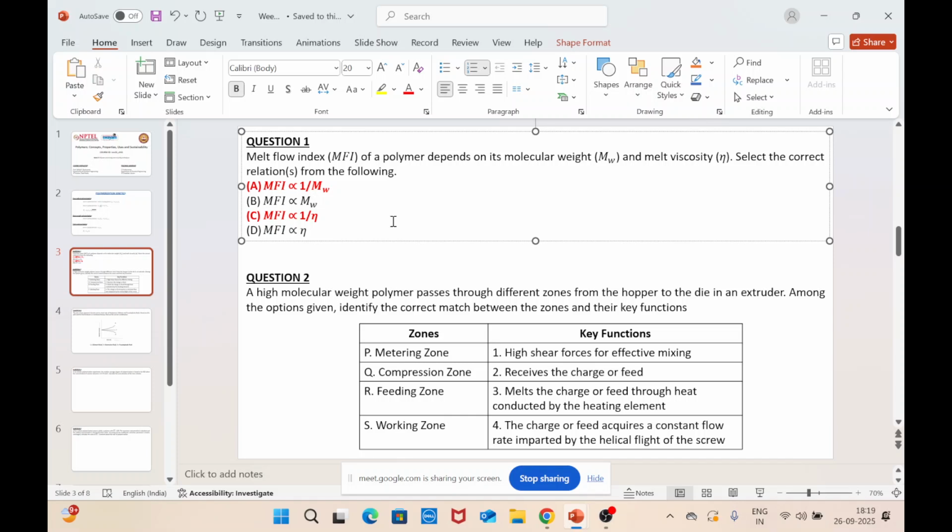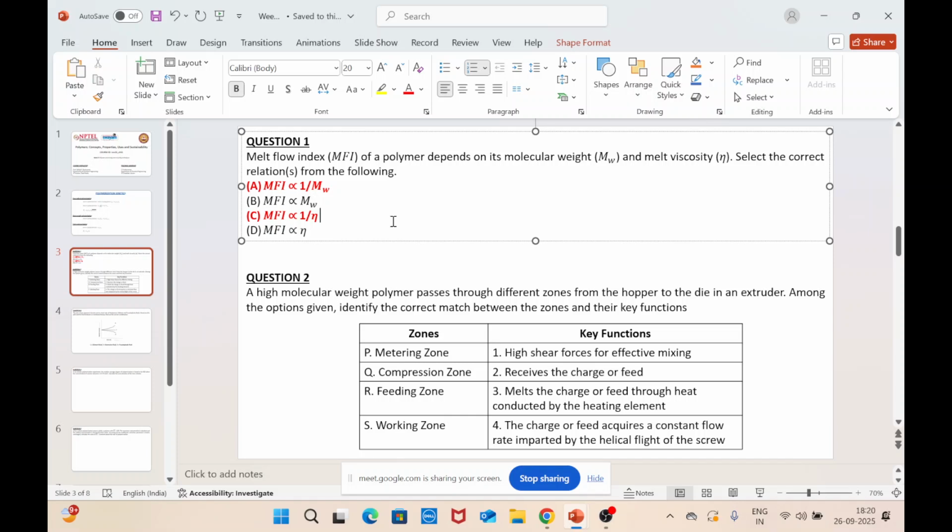Is this fine? So this is the answer. Both melt viscosity as well as the molecular weight are inversely proportional to your melt flow index.